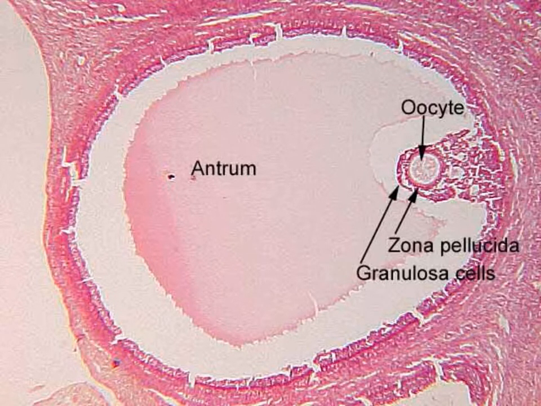So when we look at the female slides, we look at the primary oocyte with one cell layer, the secondary oocyte with two or more cell layers, and then our mature follicle with our oocyte and our large antrum.